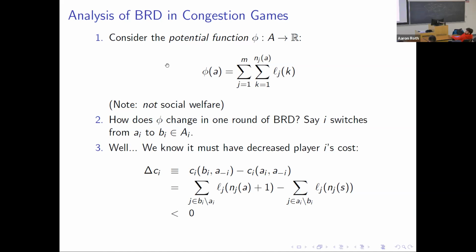Because this is what I was paying before I changed my action. So it's true that after I move off of this, everyone else on these facilities gets to experience the joy of not having to be around me, and their cost has decreased on those facilities to LJ of NJ of S minus 1. But yesterday, before I moved off, I was paying the cost of the facility, including my own presence there. Does that make sense?